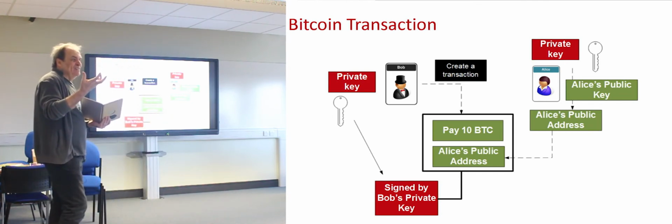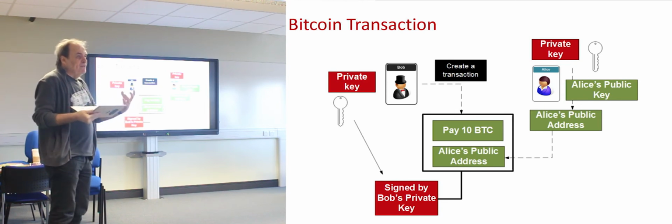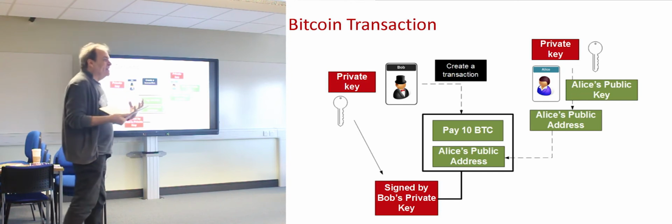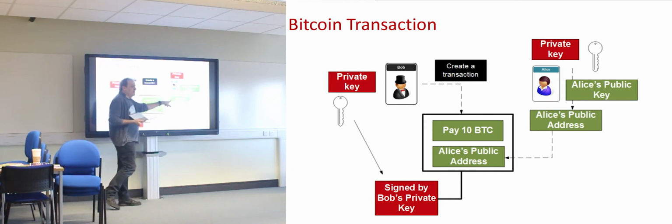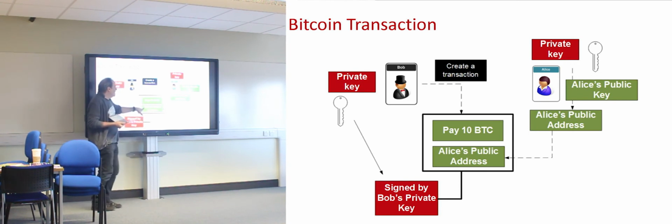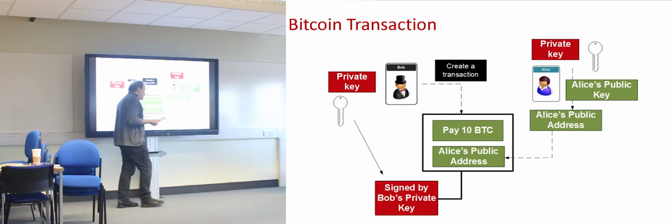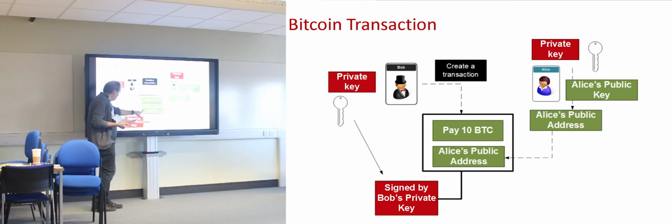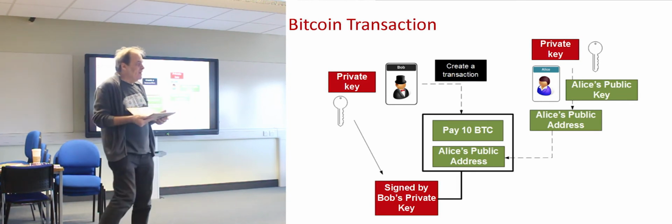Magically, she gets a credit in her account when she looks at it, but she never receives anything really. And all she's done is told Bob where her public address is. The public address is generated from the hash of that public key, and then that goes in there, and it's this one here. So if Bob loses his private key, then Eve can sign transactions for him.